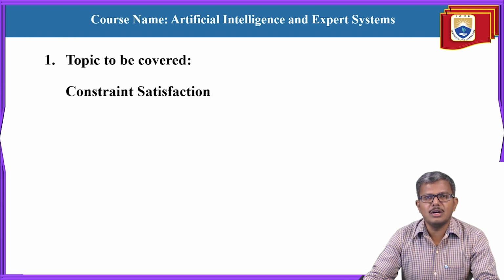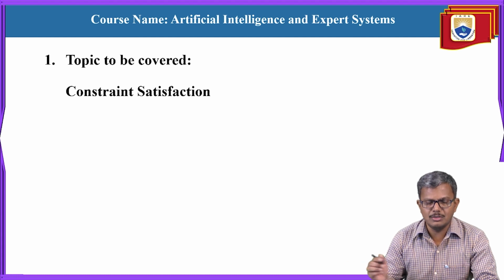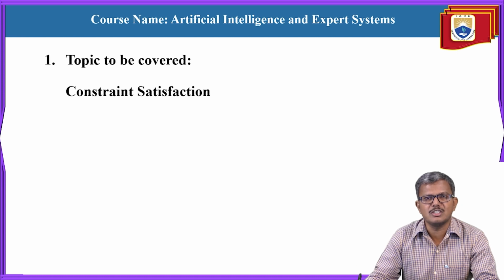Till now, we have seen different kinds of techniques, like informed search and uninformed search techniques, to solve certain kinds of problems. While solving problems using informed or uninformed search, we used one particular word, which is called state space. State space is the way we explore the solution to a particular problem.